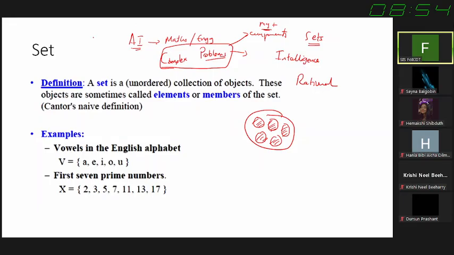Later on, we're going to use sets to define functions, which is a very important element. We are also going to use sets, as I said last week, to define relations, which is another very important element. So there are many aspects that can be extremely useful later on to resolve problems.